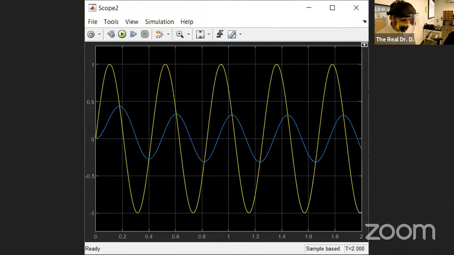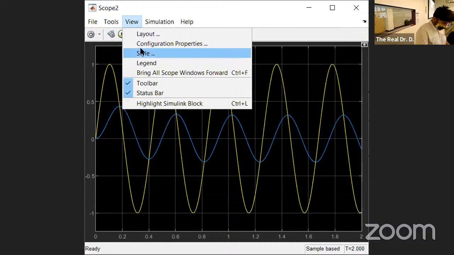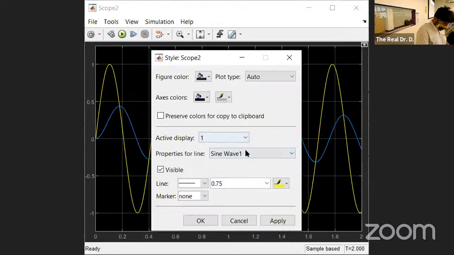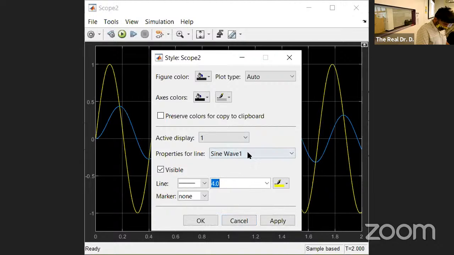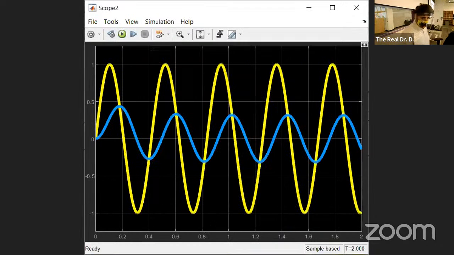Nobody can see that though. Right, so now everybody can see it.